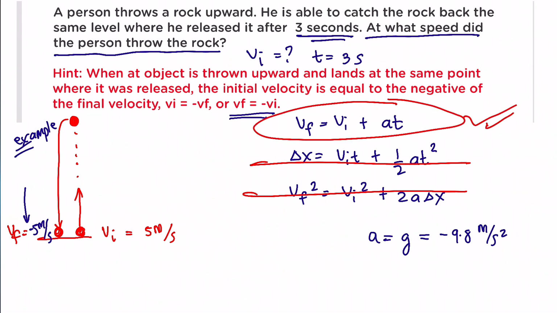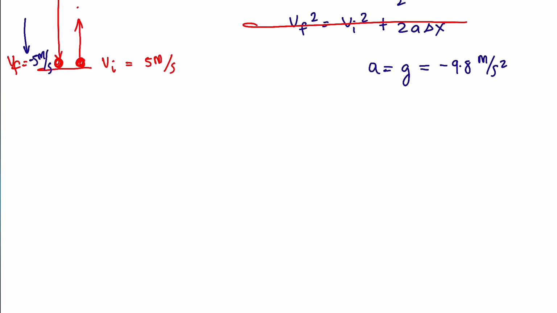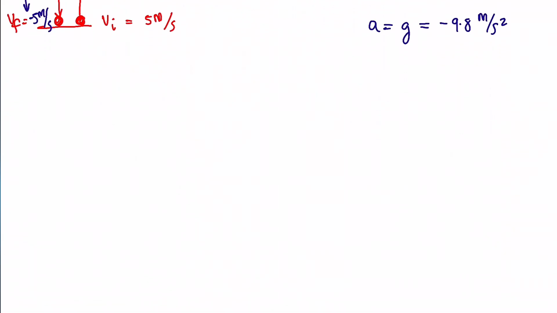Now let us substitute the values. We understand that VF is equal to negative VI, and I'm solving for VI. This is how I would want you guys to solve, by the way. I'll start with my formula. VF is equal to VI plus AT.